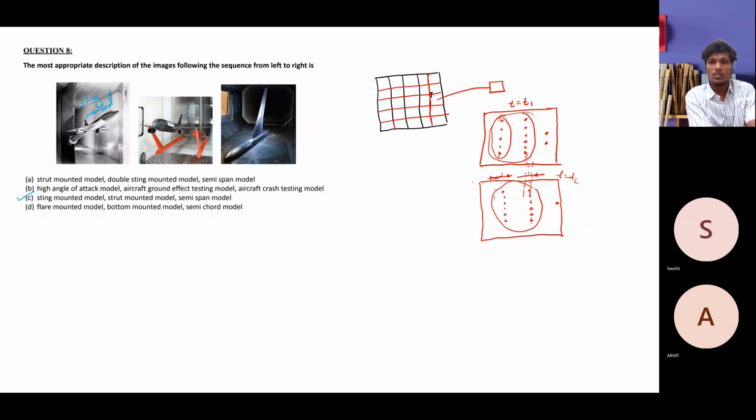How you can create that function again depends on your velocity. Suppose your velocity is 0.02 and that velocity is sufficient that you can trace the particles between time instants, because you are moving it very slowly and taking the pictures at a good instant of time. So at every small instance you are able to take the pictures, and this is your interrogation window.